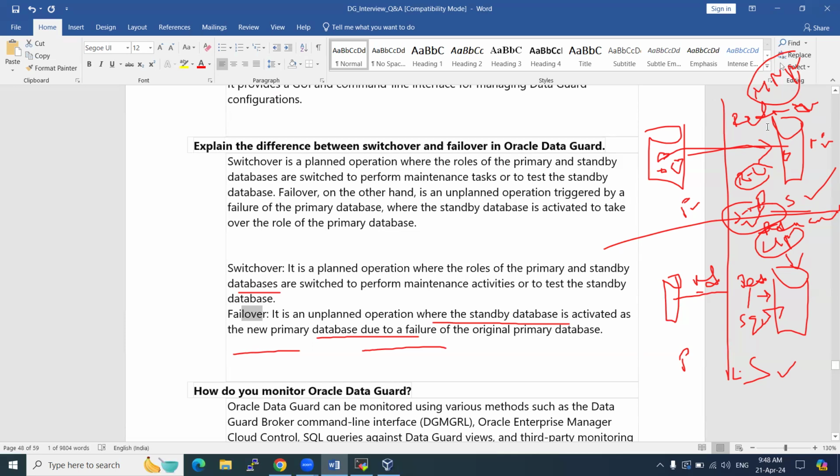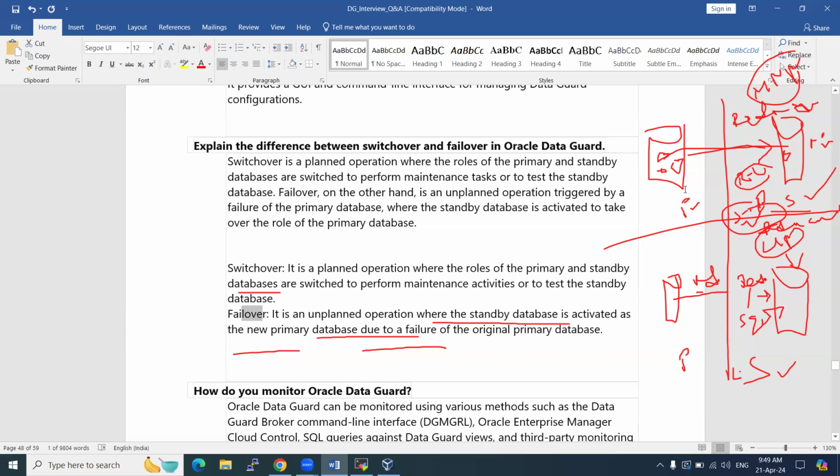If I want to plan that activity, I need to stop the primary intentionally, then start up the standby, make the standby a primary and check. You can give the business users connectivity to the standby database and check it. That is called maintenance or a planned activity. That activity we call a switchover.